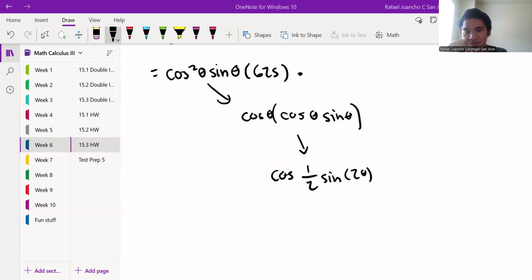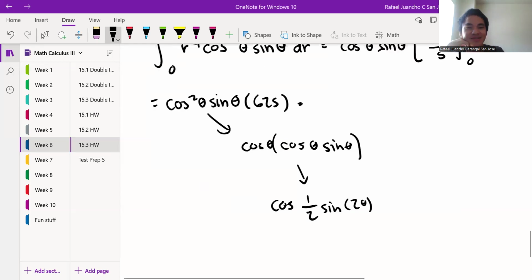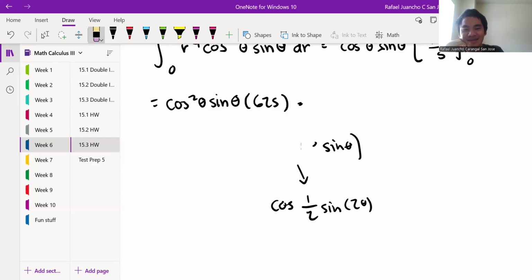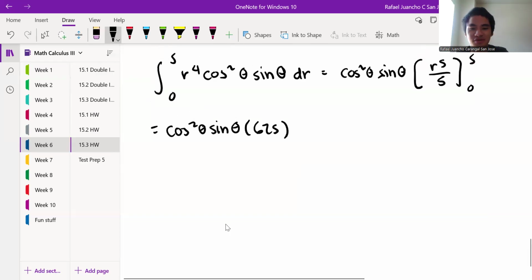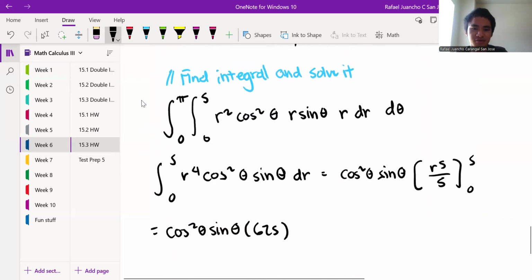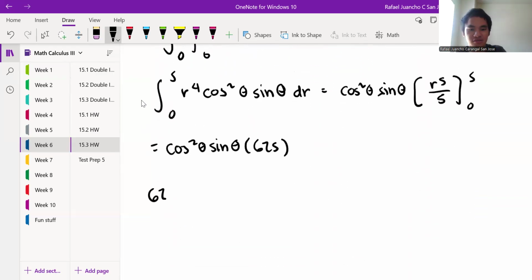Oh shoot, it's just a U sub. Okay, no way they're making me do complicated integrals again. This is hell. Cool. Okay, so we have that. Okay, nothing to worry about. Now I do 0 to pi here. So immediately I take out my 625 because I don't want to worry about it anymore.